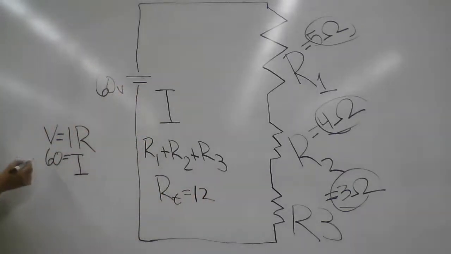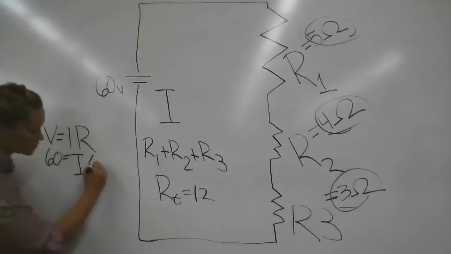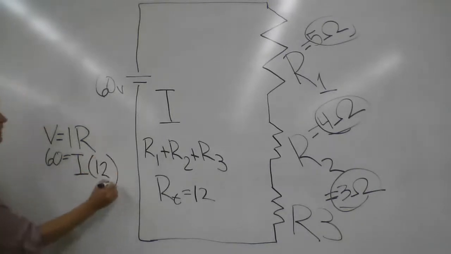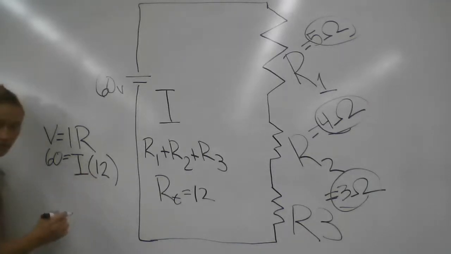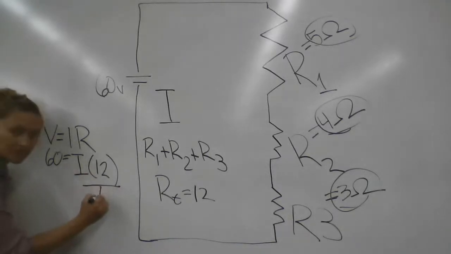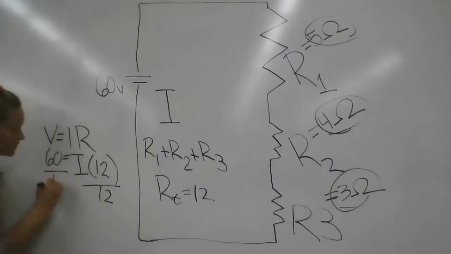Okay, so we plug that into our formula. We know our total resistance is 12. Now we want to solve for I. That's what we're trying to find, our current. We want to isolate I, basic algebra, right? So we're going to divide by 12 and divide by 12.